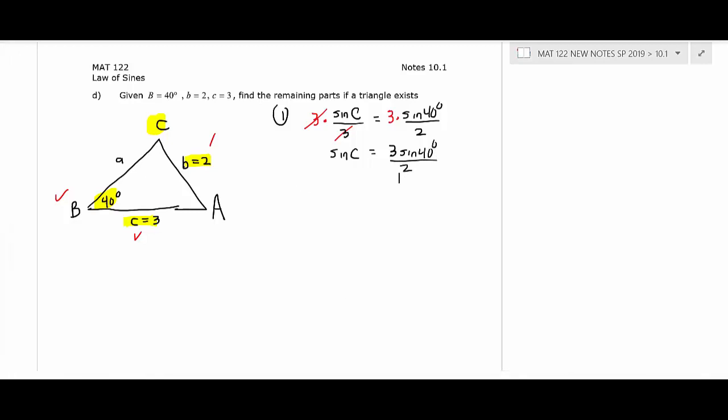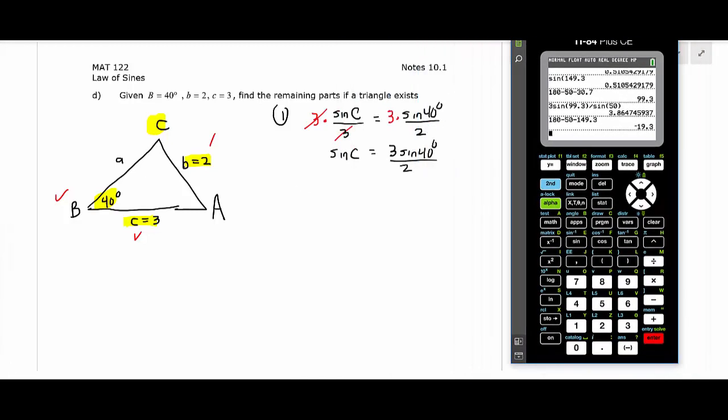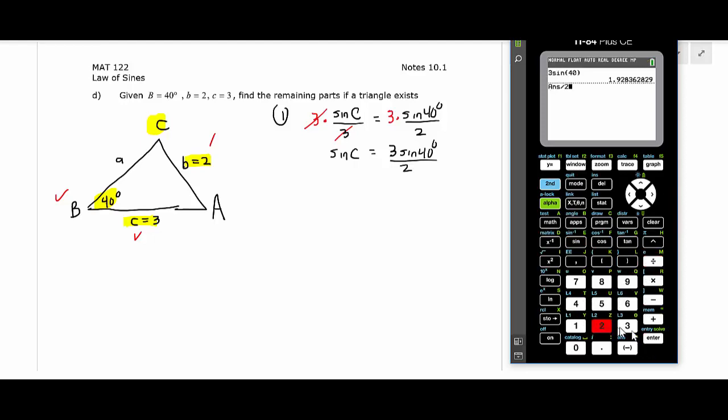And then I need to go to my calculator. Okay, and this is the key statement. Either it's going to be impossible, give one angle, or two angles. That'll kind of tell you how many solutions you have. So we have 3 sine 40, and I'm going to divide that by 2. So that's going to give this. Okay, that's between 0 and 1.